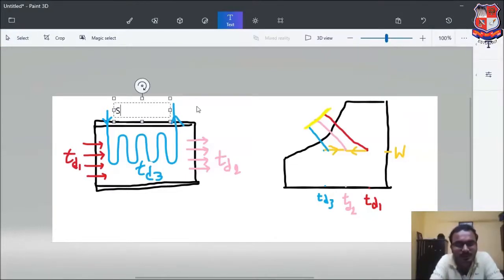So let us say that instead of refrigerant we are using steam. So TD3 will be at a higher temperature and the remaining things are as they are. TD1 will be lower temperature here, TD2 will be higher temperature here, and steam will be at the highest temperature in this arrangement.